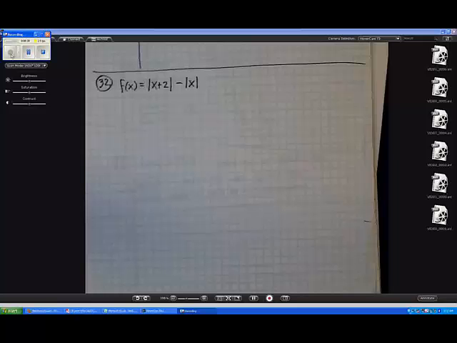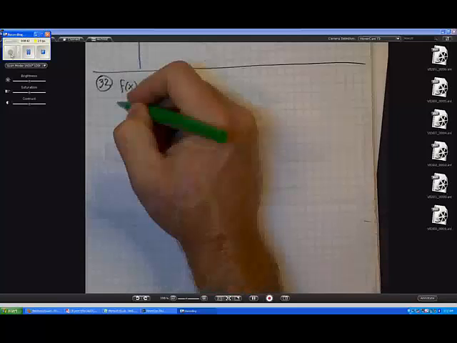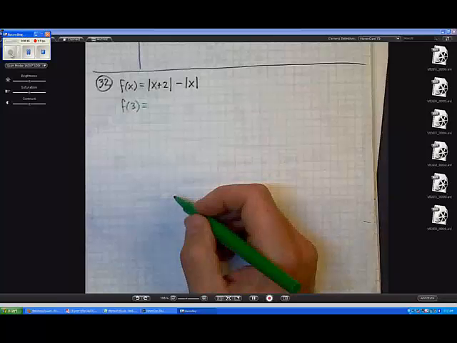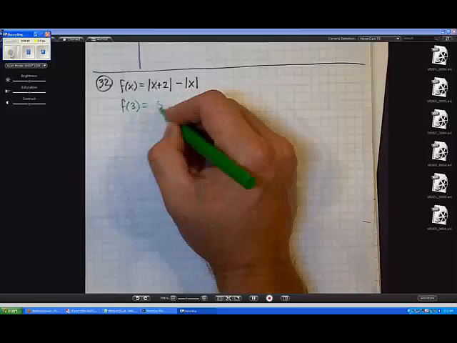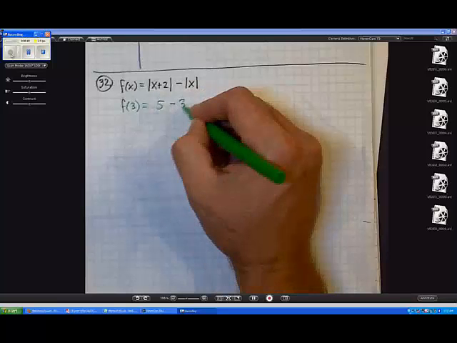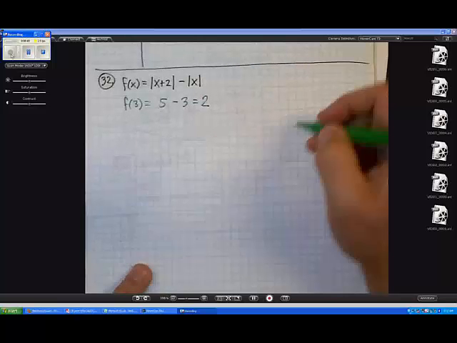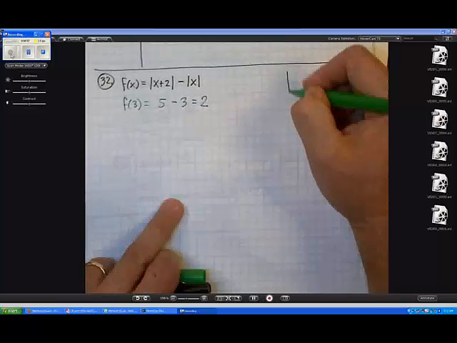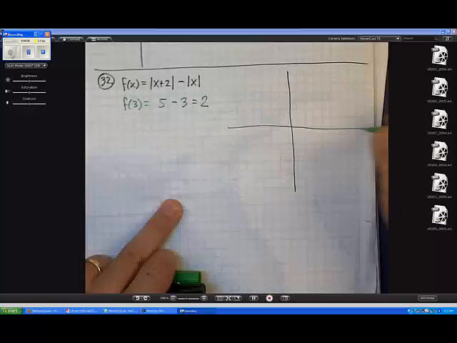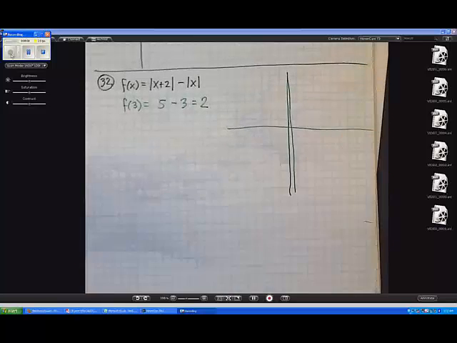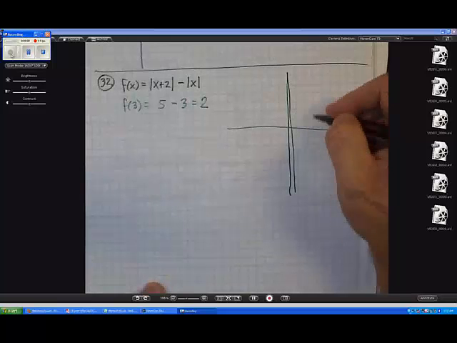Here, let's do some practice inputs and outputs. What's f of 3? That's the easiest one I could have given you. That's because then this is positive, so I get 5 minus 3, I get 2. All right? So over here on the side, I already know that if I go to 3 for my input, 1, 2, 3, my output is 2.